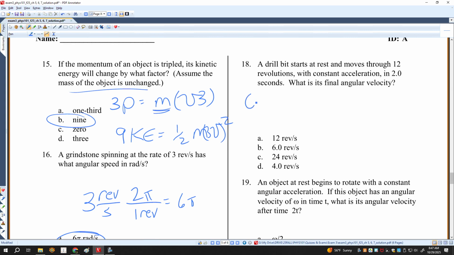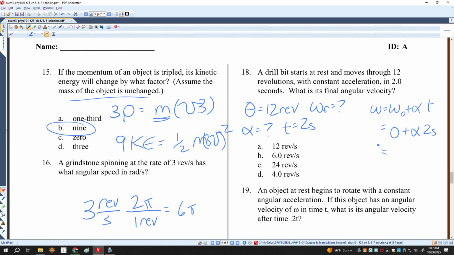All right, theta is equal to 12 revolutions. Alpha, I don't know. I know that the time is equal to 2 seconds, and I want to know what omega final is equal to. Well, I know that omega equals omega naught plus alpha t, and omega naught is 0, plus alpha times t, which is 2 seconds, but I don't know alpha, so I need to find alpha. I know that theta equals omega naught t plus 1/2 alpha t squared, and omega naught is 0, so that goes away.